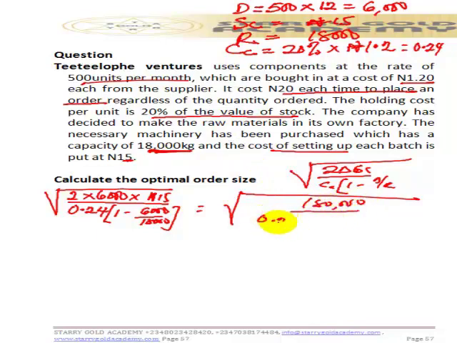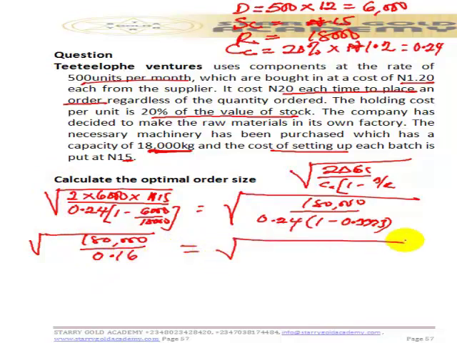Then 0.24 into 1 minus 6,000 divided by 18,000, that's 0.3333 to approximate. So I'll have 180,000 divided by 1 minus 0.333 times 0.24, that is 0.16.